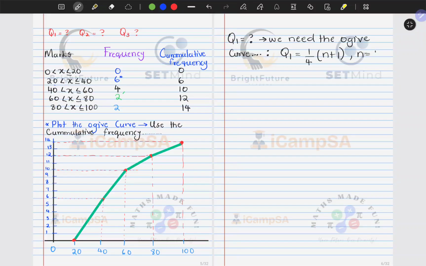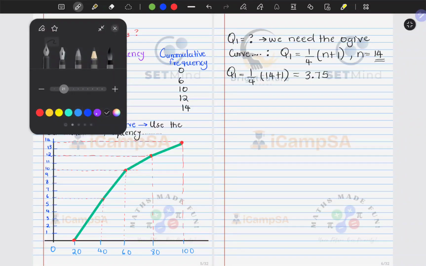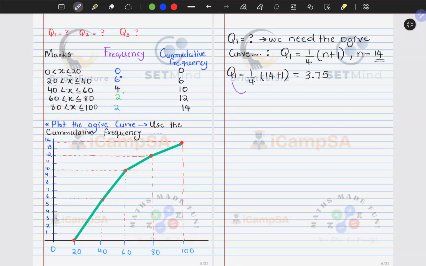And remember, n, we showed that it's 14. So our Q1 will be 1 over 4 into 14 plus 1. This will equal 15 divided by 4, which becomes 3.75.